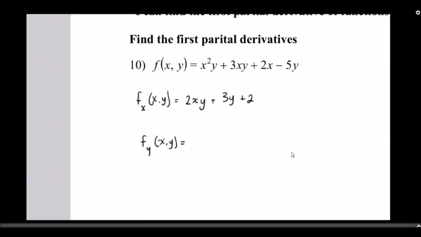So now the other partial derivative, or first partial derivative, is with respect to y. So what happens now is we hold x as a constant. So we take the derivative with respect to y. We're treating y as the variable, so we can take out the x expression. In this case, what's the derivative of y? Well, the derivative of y is 1, and then 1 times x squared is x squared.